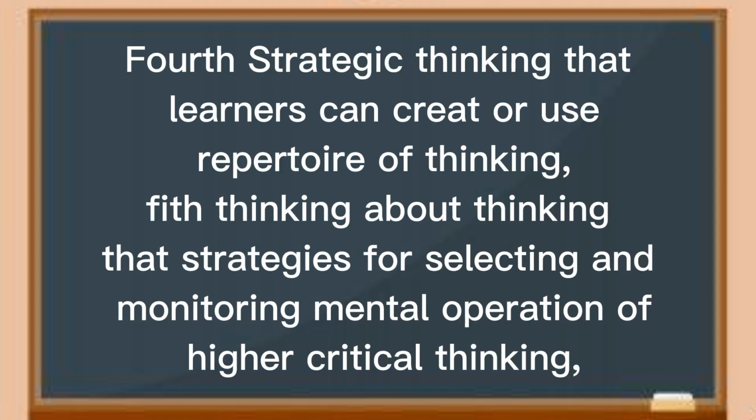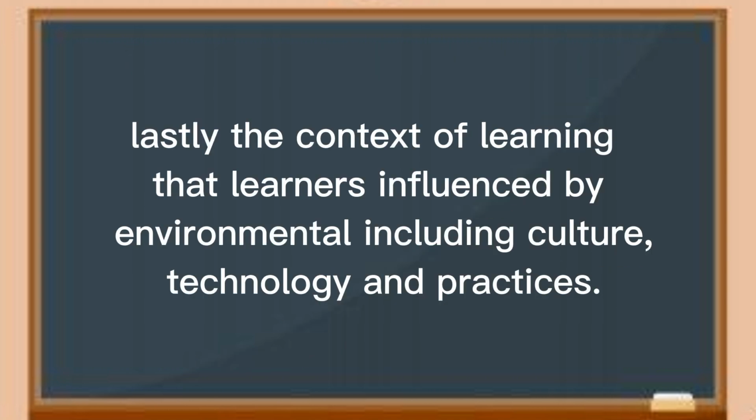Fourth, strategic thinking, that learners can create or use a repertoire of thinking strategies. Fifth, thinking about thinking, that is strategies for selecting and monitoring mental operations of higher-order critical thinking. Lastly, the context of learning, that learners are influenced by the environment including culture, technology, and practices.